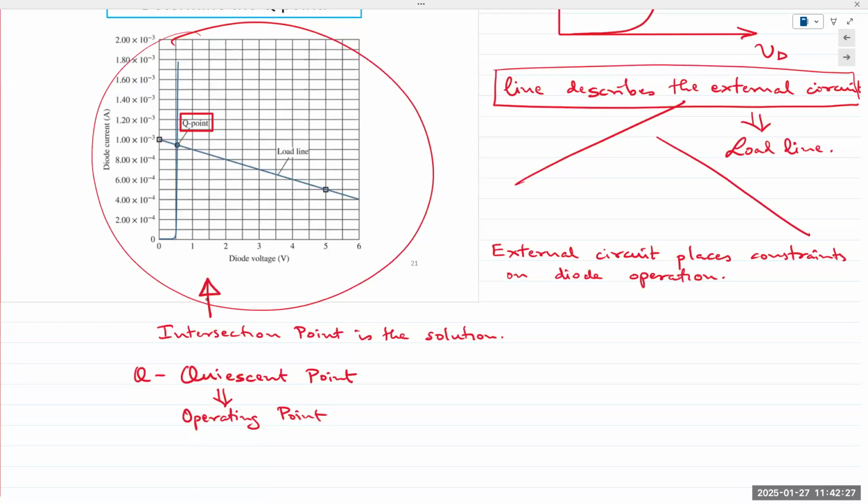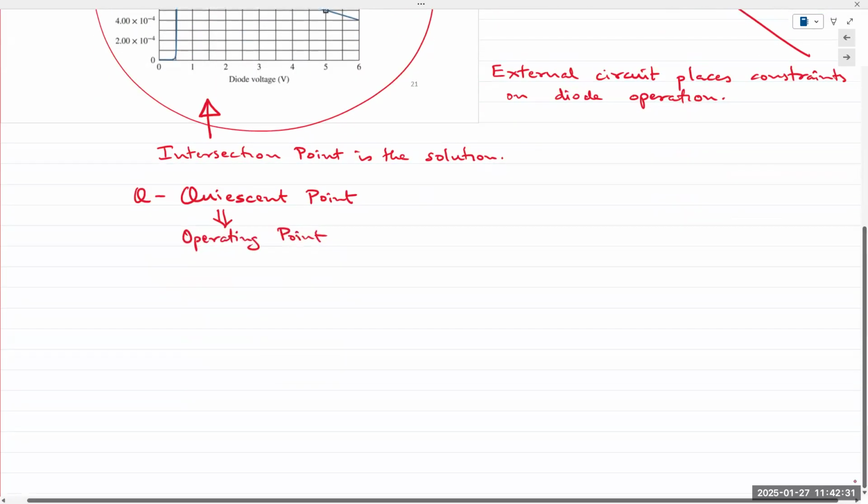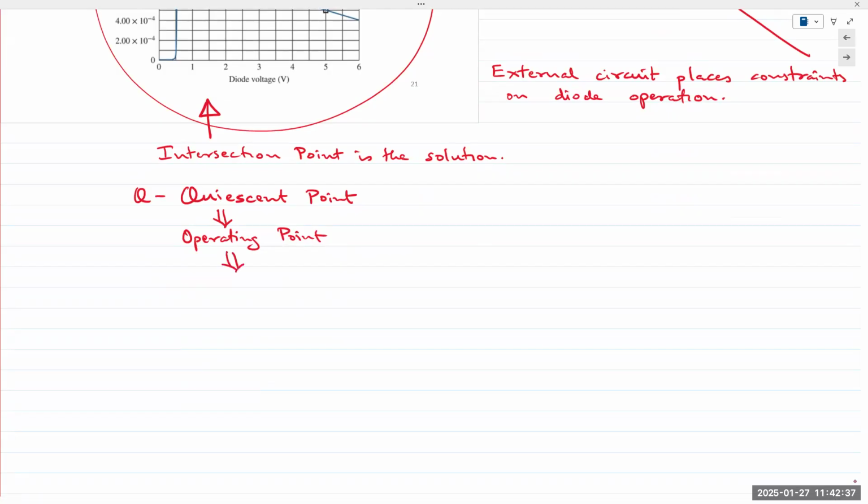So again, the Q point is known as the quiescent point, also known as the operating point. In this case, it's dormant in the sense that the operating point is fixed by the applied DC voltages, and hence it is known as DC bias.